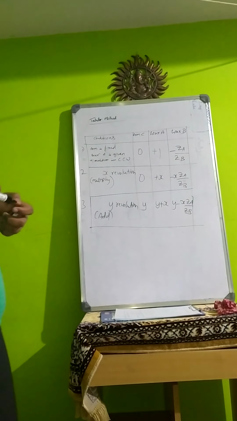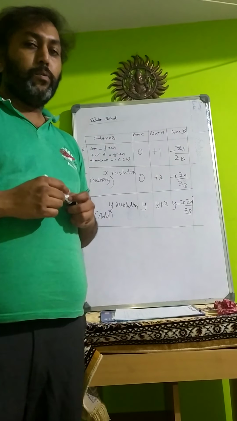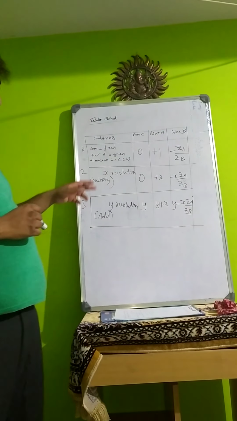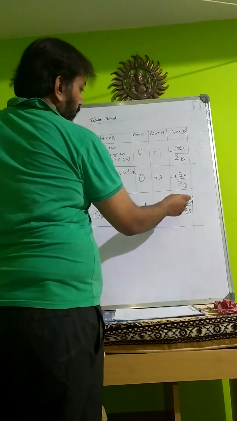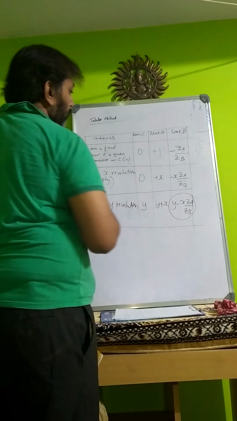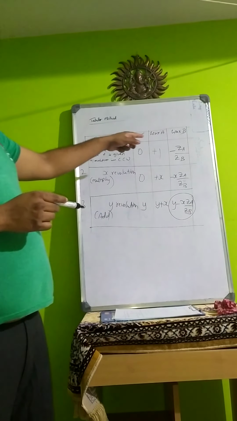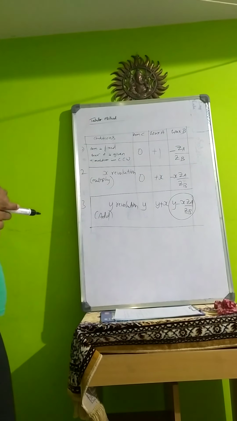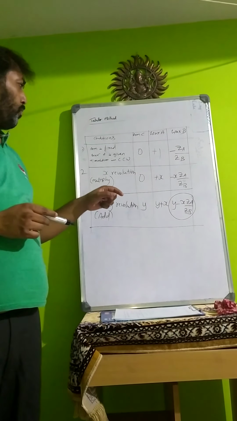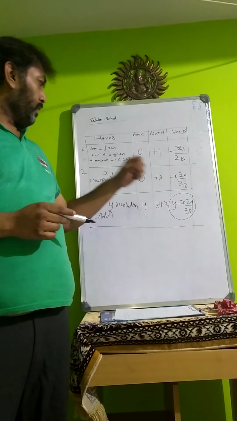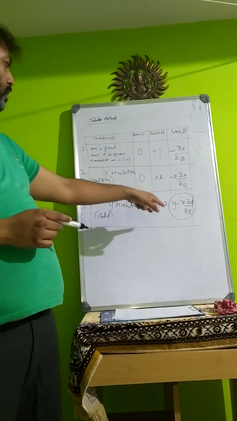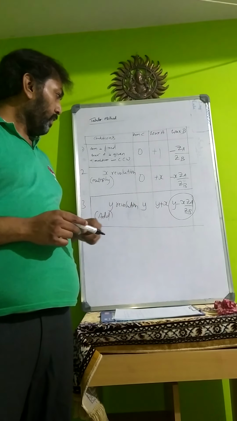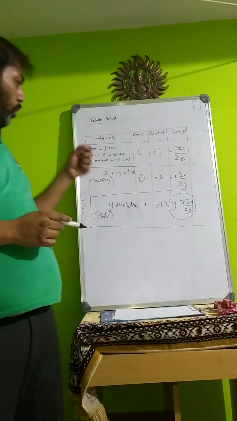By doing so, what do we find out? Observe the last element, the fourth column and third row.